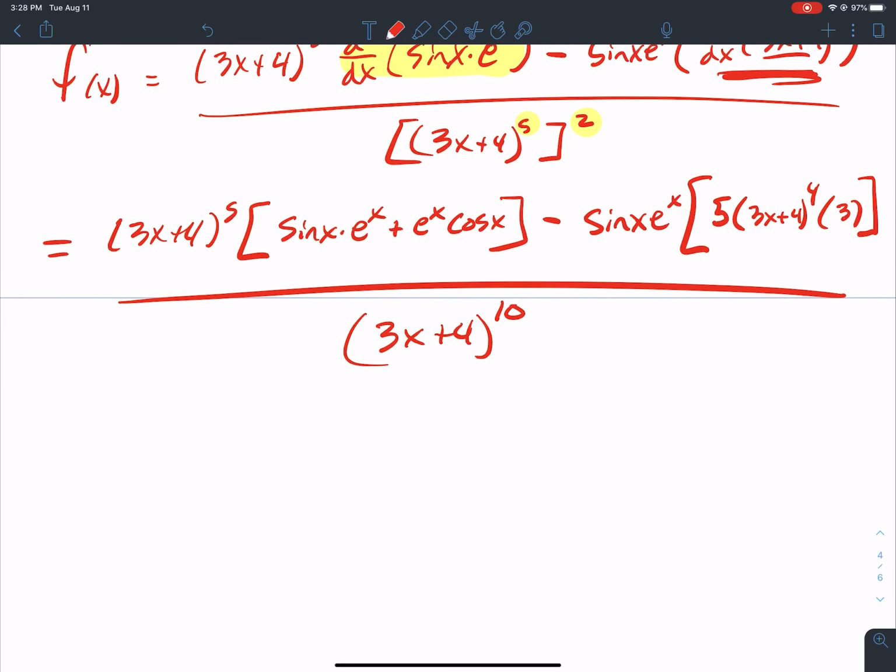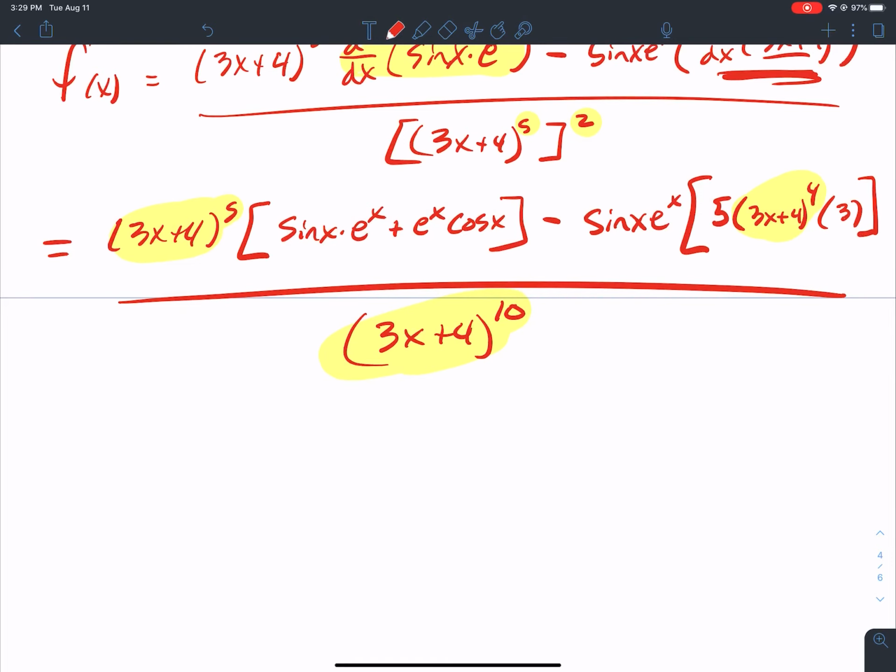That's a big old mess, and one in which I don't really care to simplify. But I think you could cancel some stuff. You see here there are 5 of those 3x plus 4 factors, and then 4 of them here, and then 10 here.